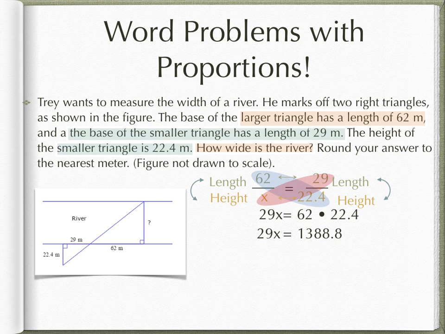Then we want to get x by itself, so the opposite of multiplying by 29 would be dividing by 29. And what we do to one side, we have to do to the other. We divide both sides by 29, and we get x is equal to 47 and 88 hundredths. Then we round to the nearest meter, which would make it 48 meters. And that's our answer.